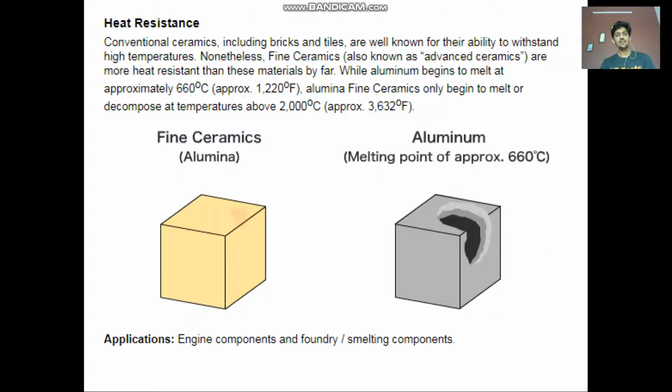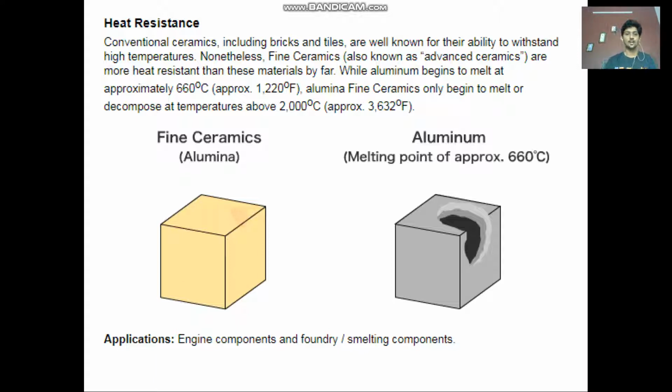Now let us understand with an example. Let us consider two materials: one is the fine ceramic alumina, the second is aluminum. When we look at aluminum, the melting temperature is approximately 660 degrees Celsius, whereas for alumina it is 2000 degrees Celsius. When aluminum is exposed to higher temperature, due to thermal expansion stresses are induced, which leads to stresses more than the strength and crack formation.